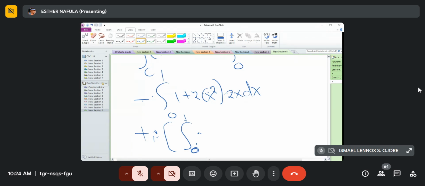We'll have 1 plus 2x squared dx, plus 1 minus 2x squared. What do we have here? Is it u or v? Is it supposed to be u or v?